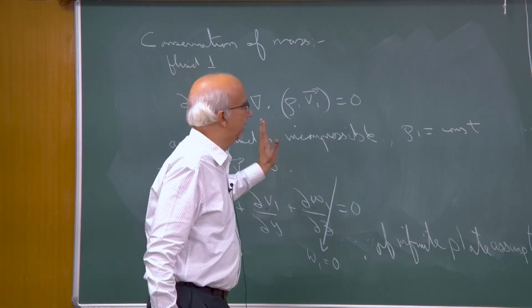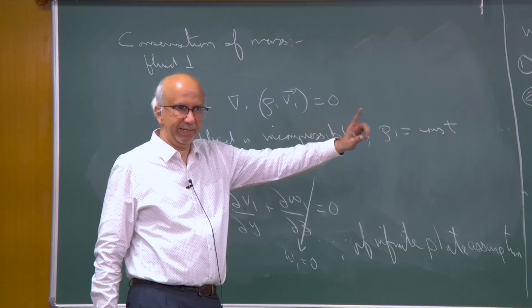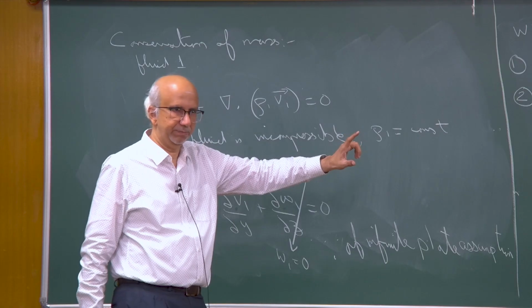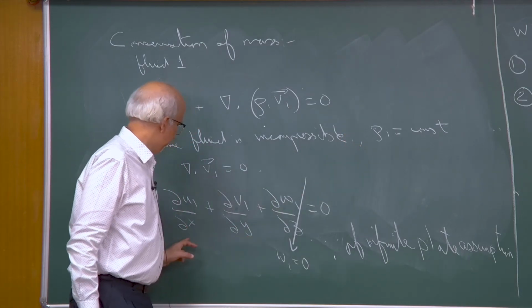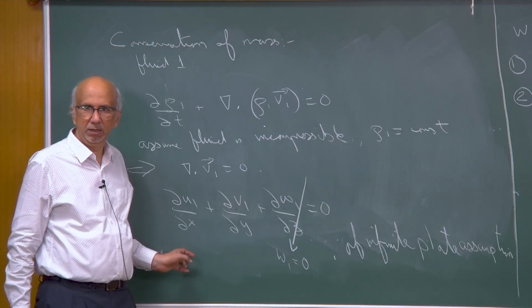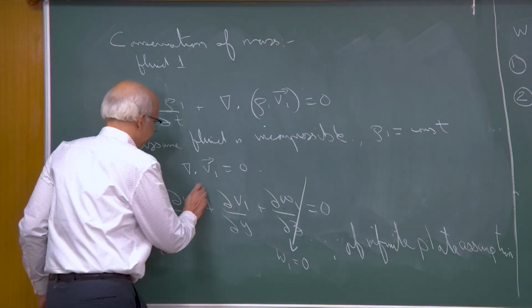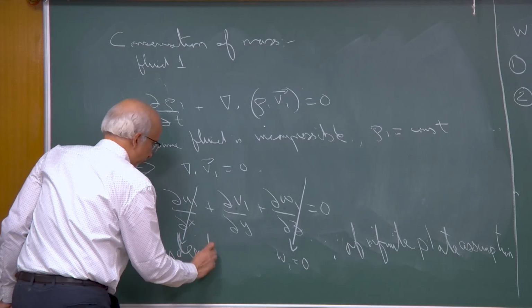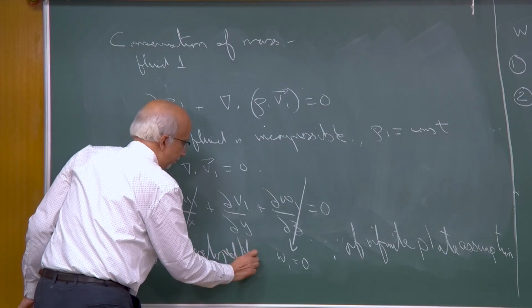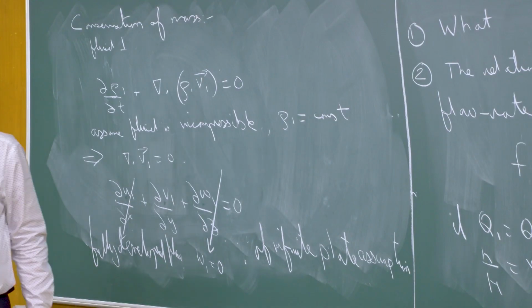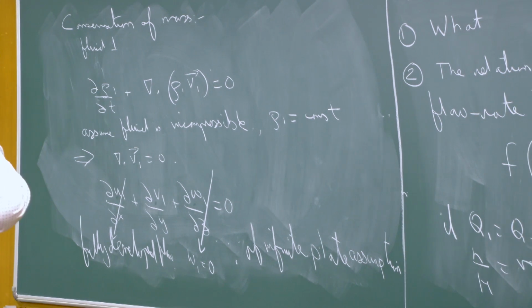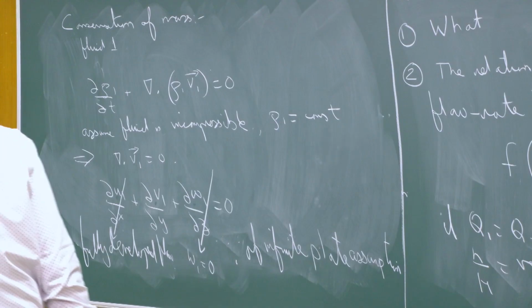Fully developed portion means, x is the direction of the flow, so the velocity is not changing in the x direction. That means there is no change in u1 in the x direction. So, this is fully developed flow. I am not making an extra assumption here: I have assumed fully developed, I am focusing only in that region, I am assuming incompressible, so the density goes off, and flat plates.